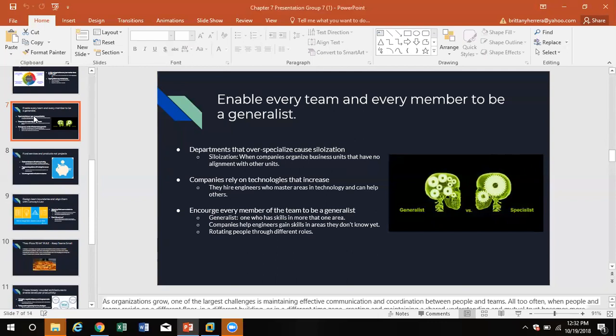So we want to be an asset to the companies by getting to know different parts of different departments so we can help other teammates in other departments. Generalists are people who have skill in more than one area, and one way we can do that is by rotating through different roles in the company. That gets us to become more of a generalist.